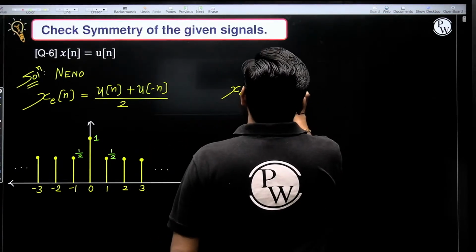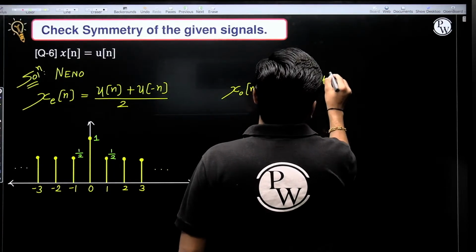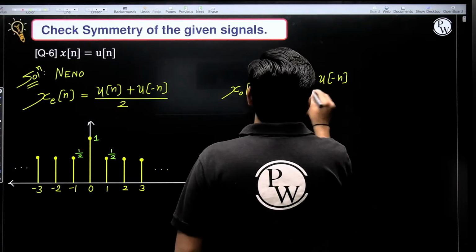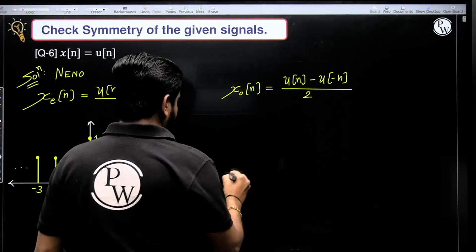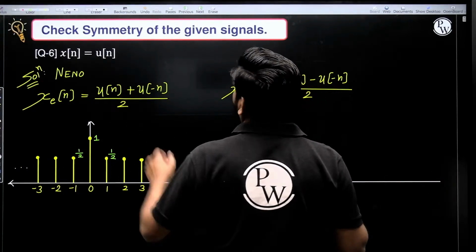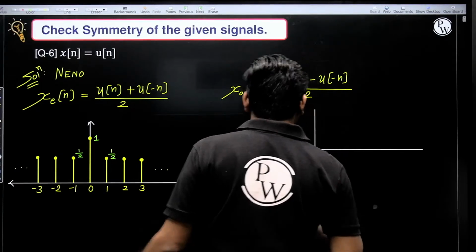And I am talking about the odd part. Odd part, Q of n minus Q of minus n divided by 2. So here at origin of course it is 0, I told you guys.